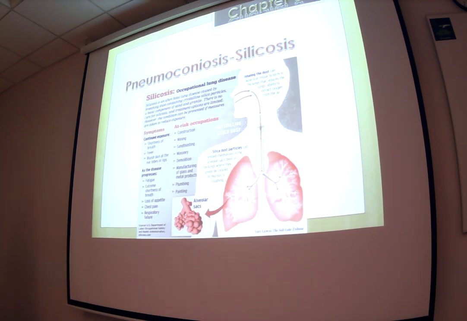Through the normal processes, if you inhale something, you start to cough to expel it. A lot of these things actually get lodged in the tissue and won't be freed. You can't cough it out, it's just going to sit there. Over time, the body's going to keep attacking it to try to get rid of it. It's going to then create scar tissue, and that's going to build up and build up and build up.